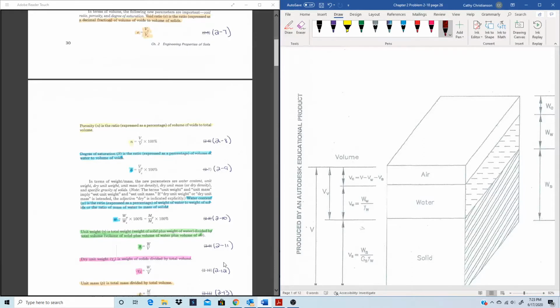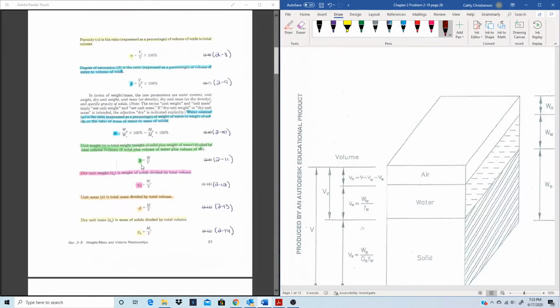You noticed I lined through these equation numbers because your textbook has them as equation 2.7 and 2.8, so I wanted it to have the same equations as your textbook. So degree of saturation, water content. This is unit weight, which is the total W over V. This is dry unit weight, which is the weight of your solid over volume.